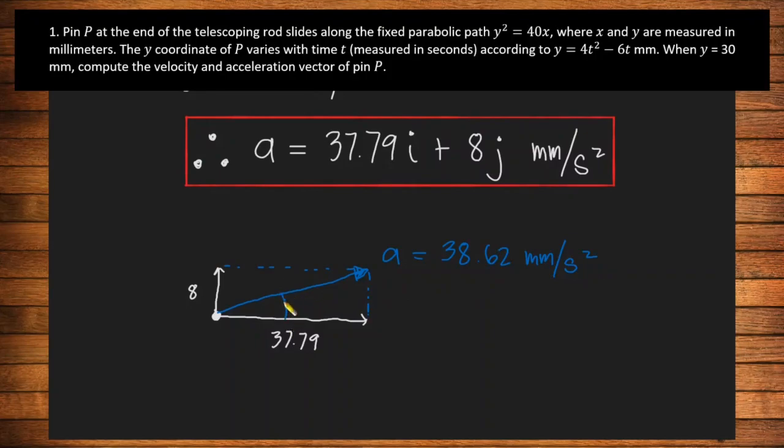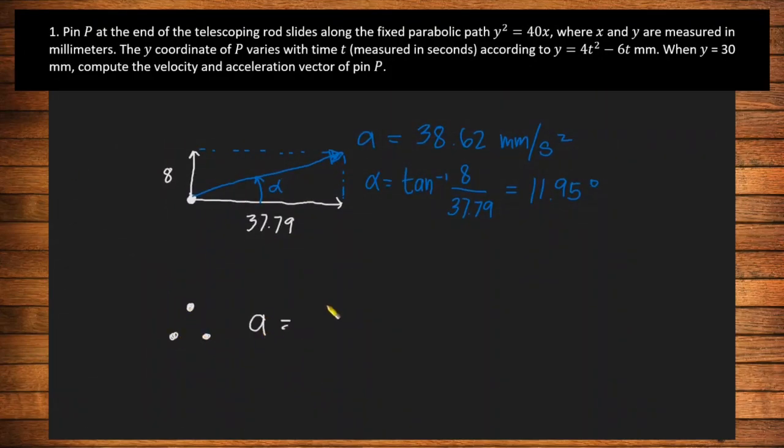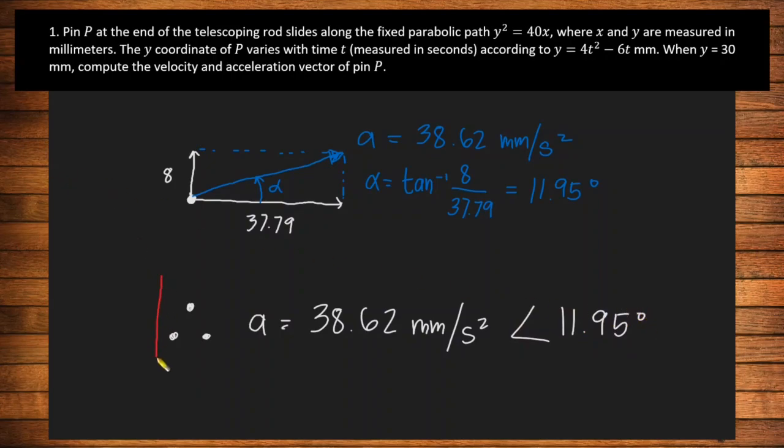Okay, ngayon yung direction niya naman, let's say from the positive x-axis, let's say that angle is angle alpha. So this will be equal to the arc tangent of 8 over 37.79, which is equal to 11.95 degrees. So therefore, in magnitude angle notation, yung acceleration natin will be equal to 38.62 millimeters per second squared, angle 11.95 degrees. So, same dun sa velocity vector natin kanina, both of these notations are correct.